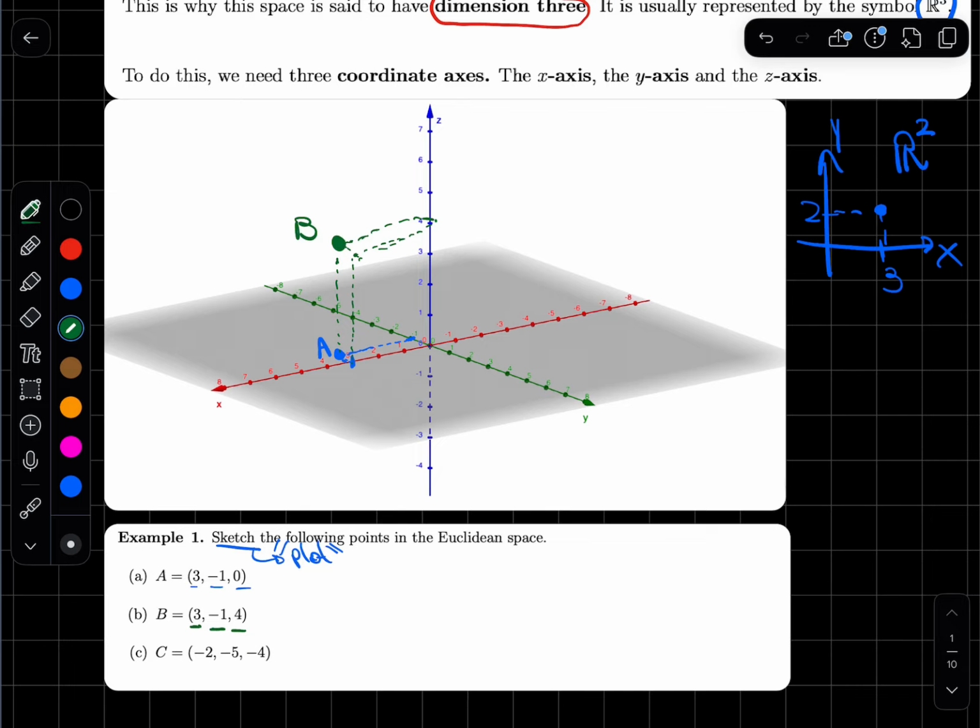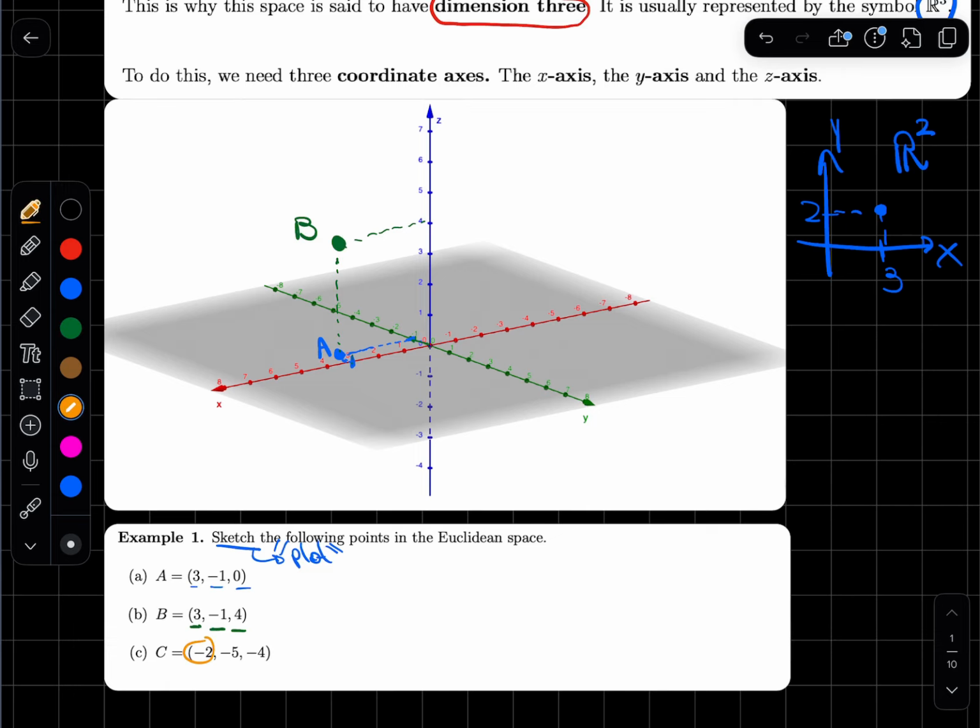But I imagine you can see this sort of box here, right? That helps if you're good at drawing, but most of the time, just to save on time and space, and also to not pollute my drawing too much, I'll just lift it up and connect it straight to the number 4, like so. Okay? Just do sort of the shadow that the point would have, and then connect the rest.